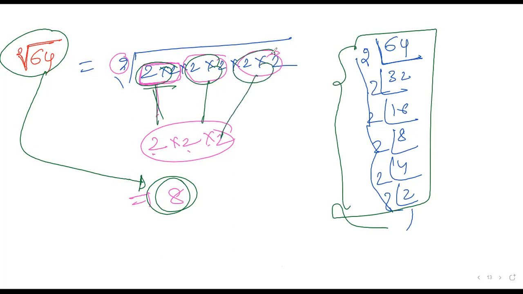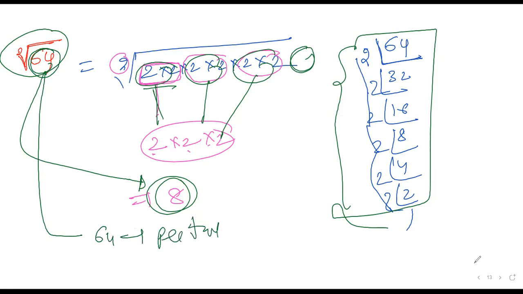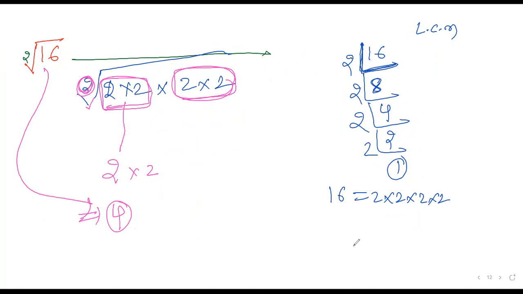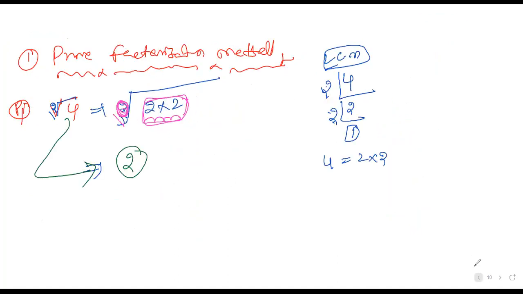There is no left out number in the square root. If you get an answer like this, we can say 64 is a perfect square. Similarly, 16 has no left out portion. Perfect square, perfect square, perfect square.